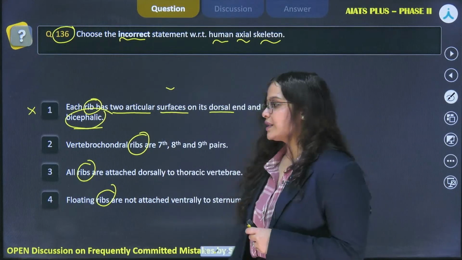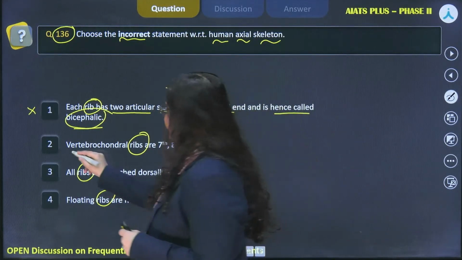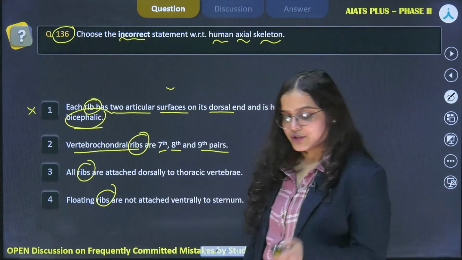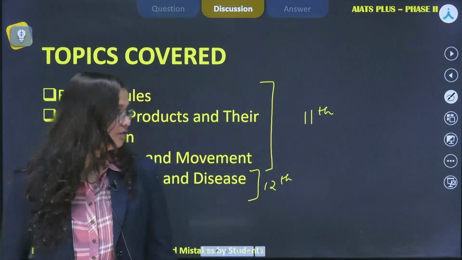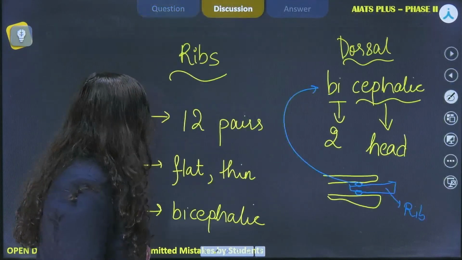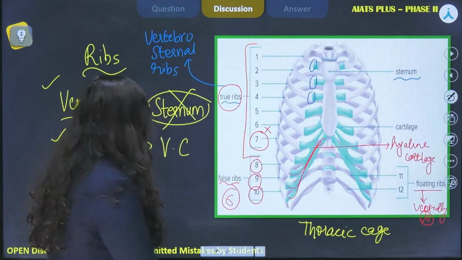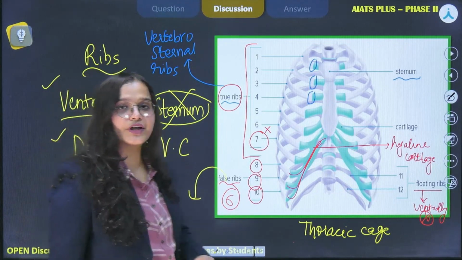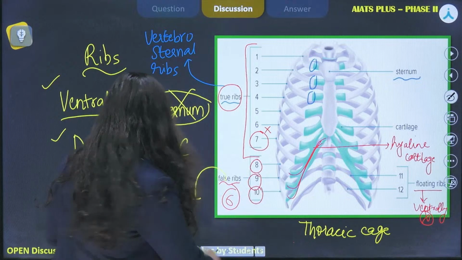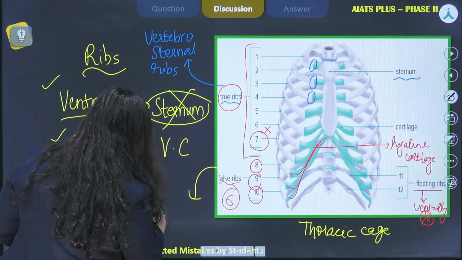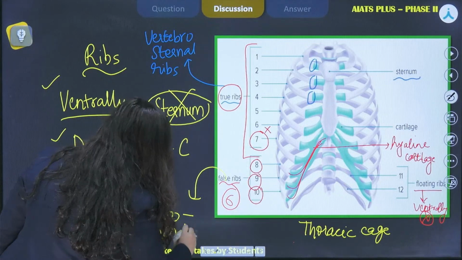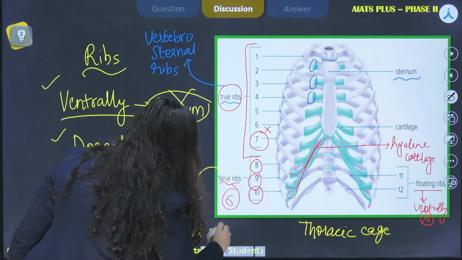Moving to option 2, which states vertebrochondral ribs are 7th, 8th and 9th pairs. So dear students, as we discussed, we have 3 pairs of ribs which are the false ribs. False ribs are known as the vertebrochondral ribs.